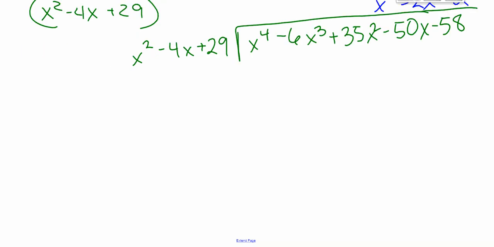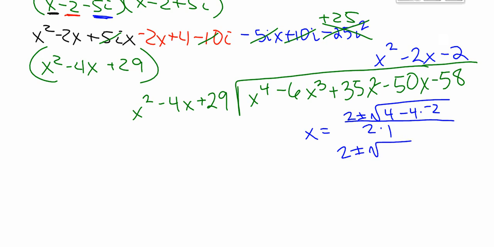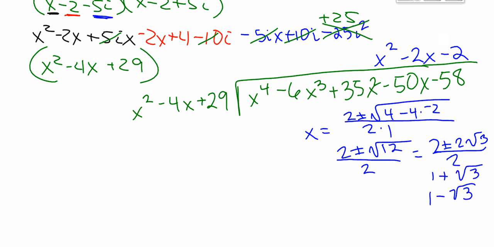It does not. But can I find the zeros using the quadratic formula? Yes. So x equals negative b plus or minus the square root of b squared minus 4ac. Okay, so 2 plus or minus the square root of, what is this? 8 times 4? 12? Is that right? Do you agree?